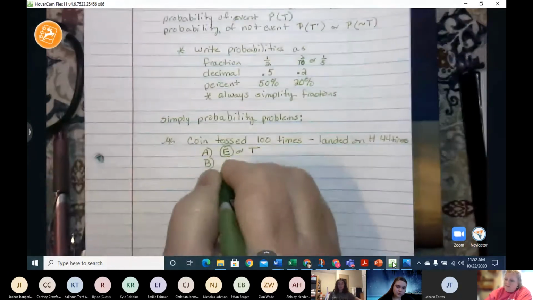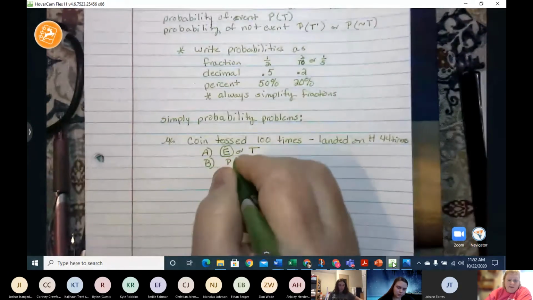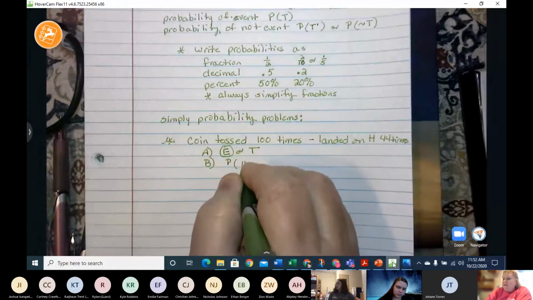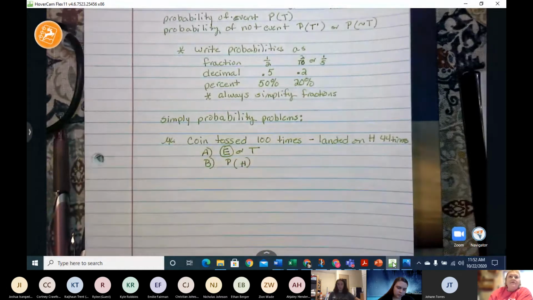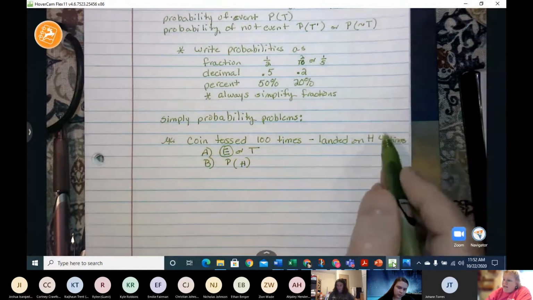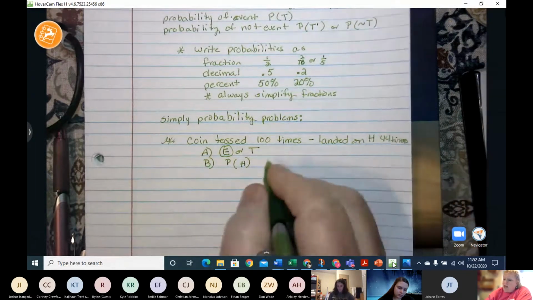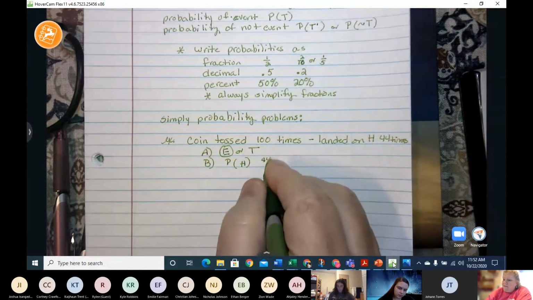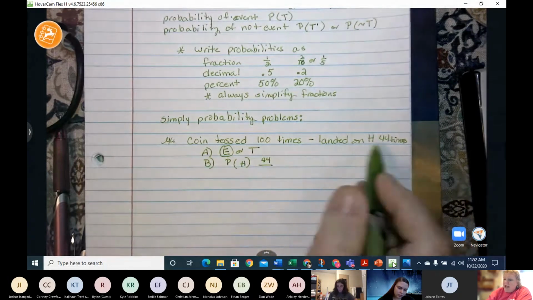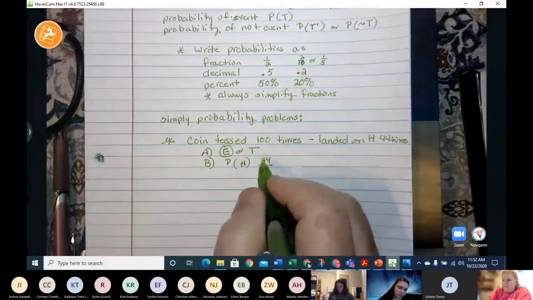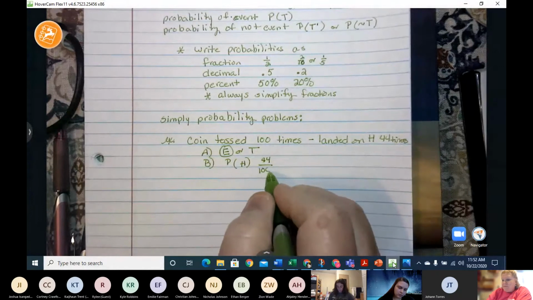Second part of the question is to find the probability. What is the probability of heads? Well, in this particular problem, heads occurred 44 times out of how many tosses total? 100.